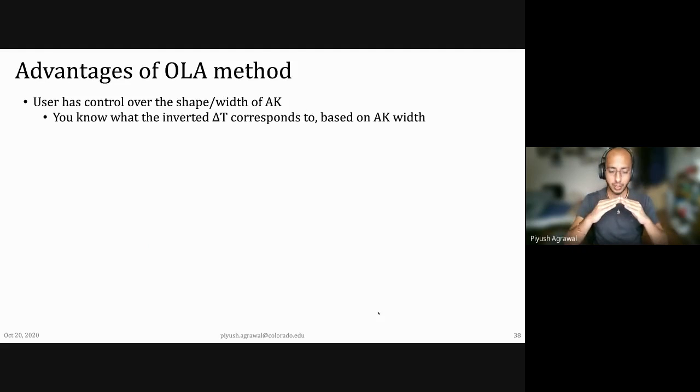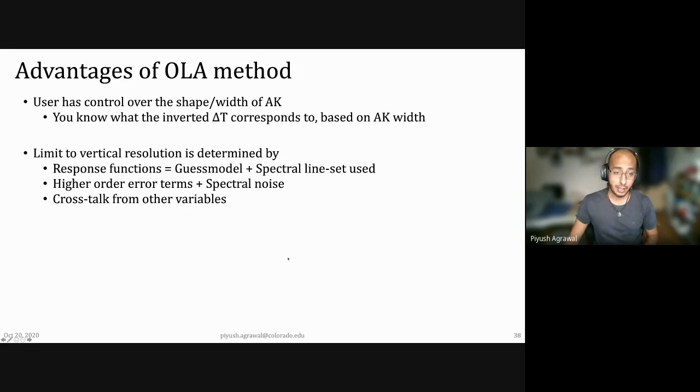You can control the width and the shape of the averaging kernel, and you also know what your inverted delta t corresponds to in terms of how much averaging you are doing to compute it. The limit to the vertical resolution is determined by the response function, which depends on the guess model and the spectral line sets. It also depends on all the error terms in your system and the crosstalk from the other variables.